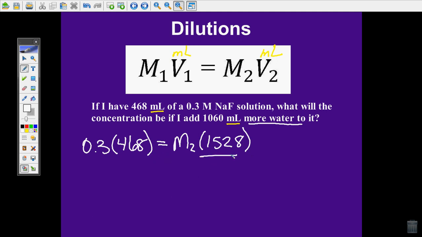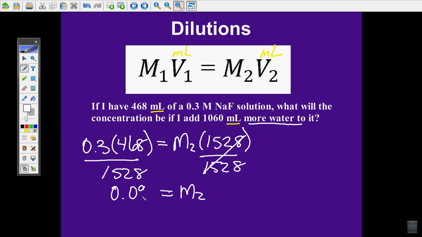All right, so I'm just going to divide both sides by this. That cancels. And so 0.3 times 468 divided by 1528 is 0.092. That's my final concentration.